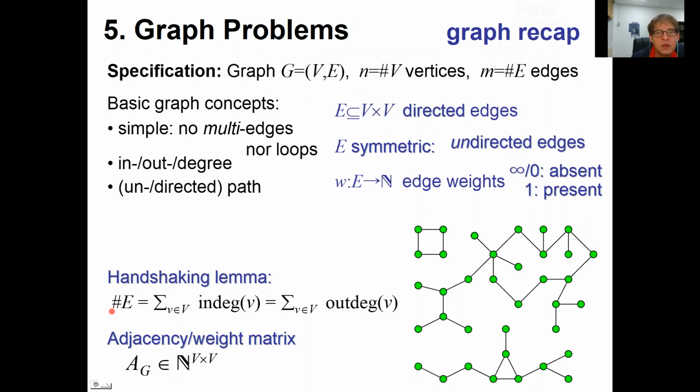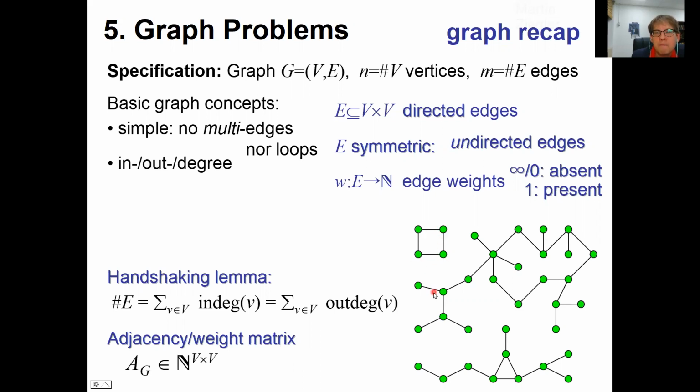So now we've been talking about degree, in degree, and out degree. A regular graph is a graph where every vertex has the same in and out degree. For example, this component is a regular graph, a two regular graph, because every vertex has two adjacent edges.